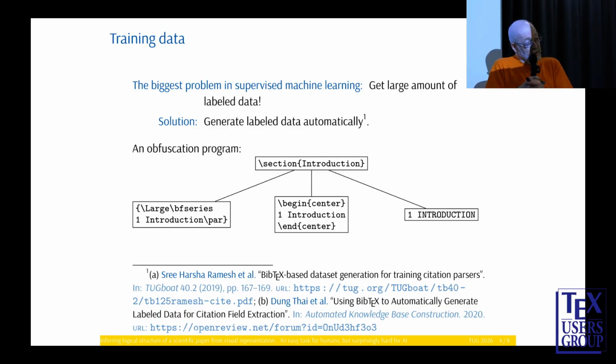We took logically formatted papers from arXiv. I will talk about it in a second. We ran a special obfuscation script, which took a paper and randomly, but consistently within a paper, decided: my sections will be large boldface, or my section will be just uppercase, or something like this.